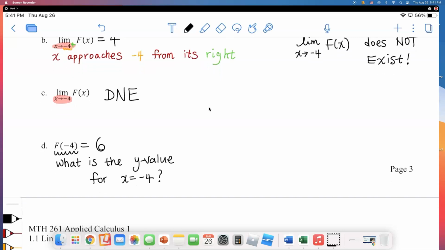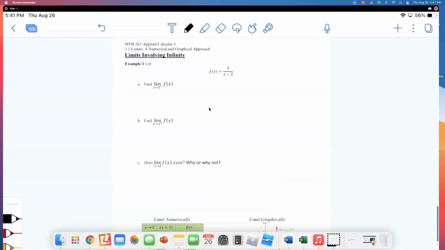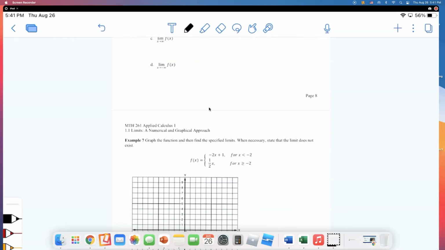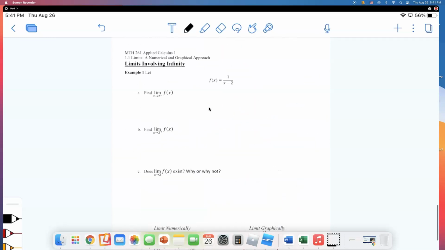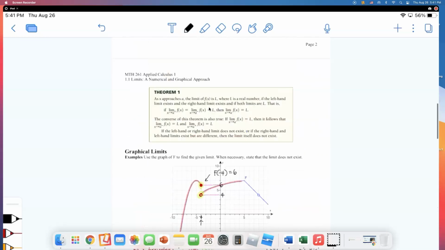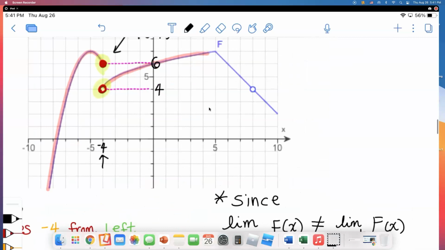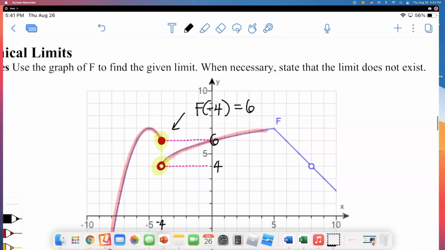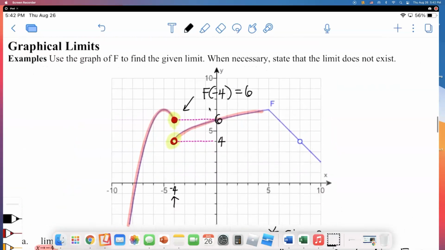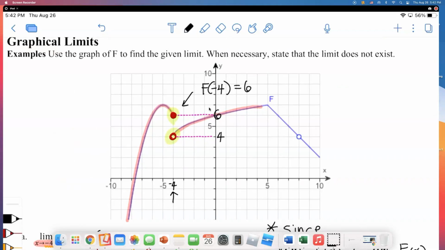We will talk about something called continuity in the next section. Hold on a second, I'm getting scared. Is it this section? Yeah, I think it's going to be the next section. We'll talk about continuity later. For a function to be continuous, and I'm giving you a little bit of a preview, the limit and its function value have to be the same.